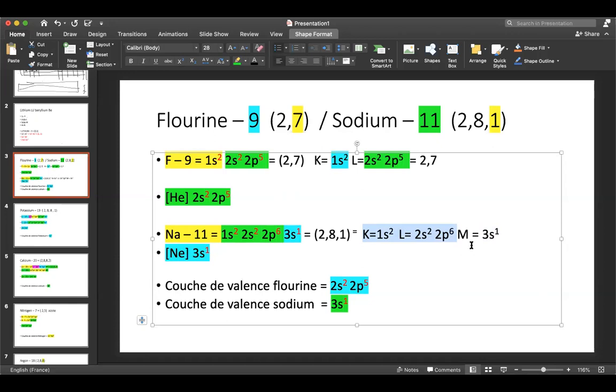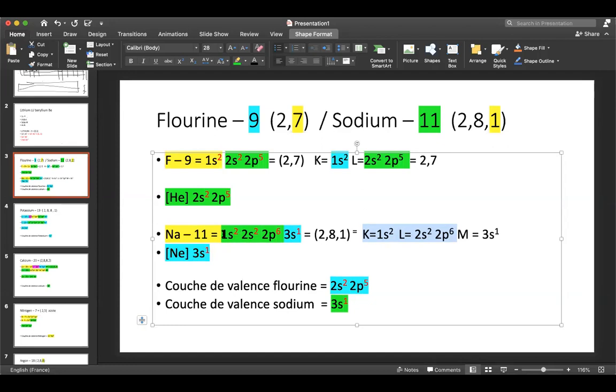Then at the end, whatever remains, just count the number of electrons and look for the noble gas that has the equivalent number of electrons. In our case, if you count, you're going to have 2 plus 2, that's 4, 4 plus 6, that's 10, and the only noble gas that has 10 electrons on the periodic table is neon. And therefore, neon in square brackets, 3s to the power 1, will be the configuration électronique for sodium. So the neon in square brackets just represents, c'est la même chose.